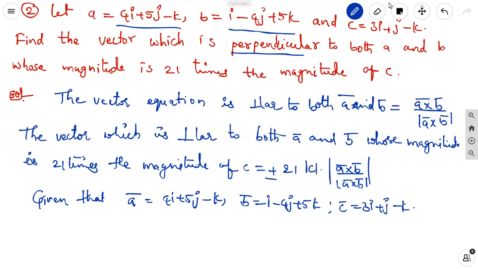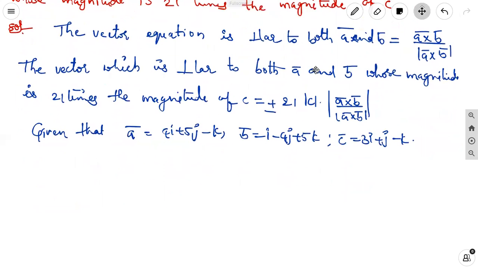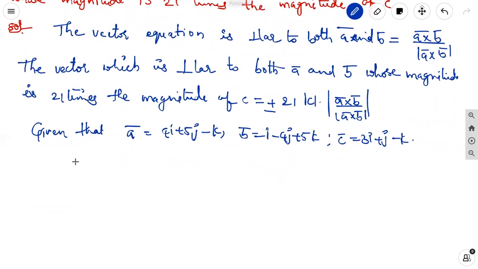Here find out the modulus of C vector. Mod C vector is equal to under root of 3 square plus 1 square plus minus 1 whole square. 3 3s are 9 plus 1 plus 1.